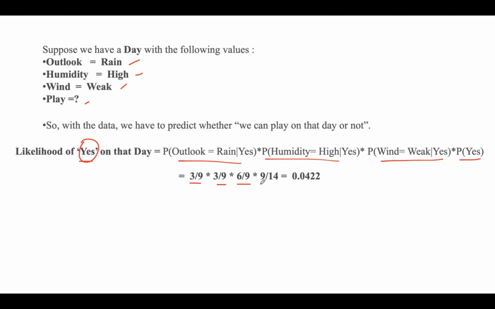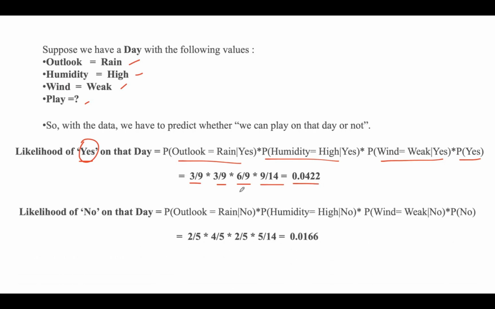So probability of yes is 9 by 14. If you multiply that, you'll get this result. Similarly, calculate likelihood of no. Substitute values, we got 0.0166.